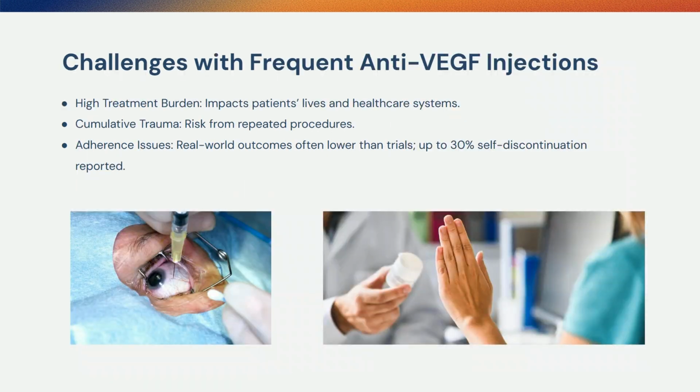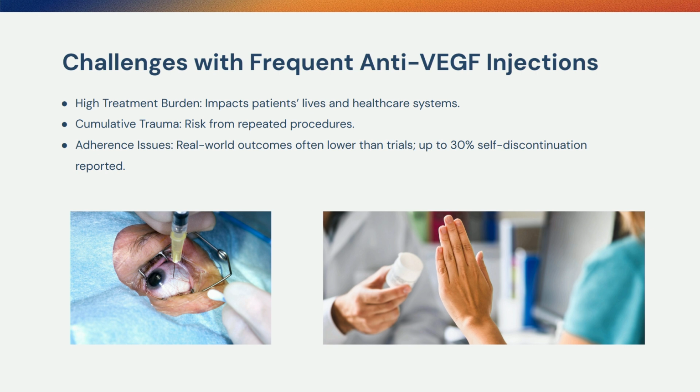So as of today, the standard of treatment is anti-VEGF, and even though they are incredible drugs, they are far from ideal. And the main problem with anti-VEGF is that they require frequent injections. And this can be hard on the patient, and this can also be hard on the healthcare system.